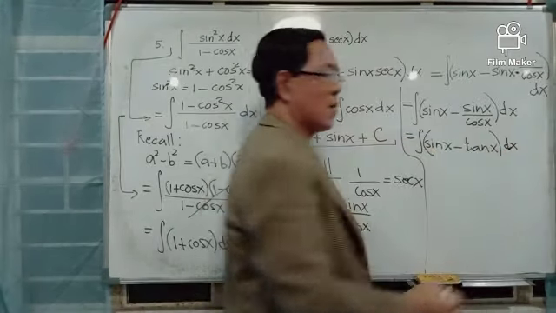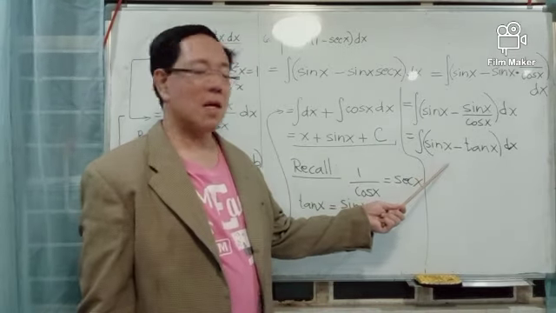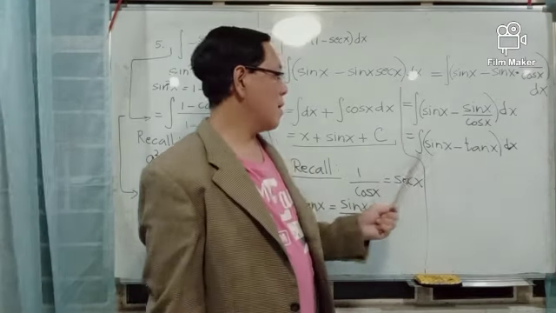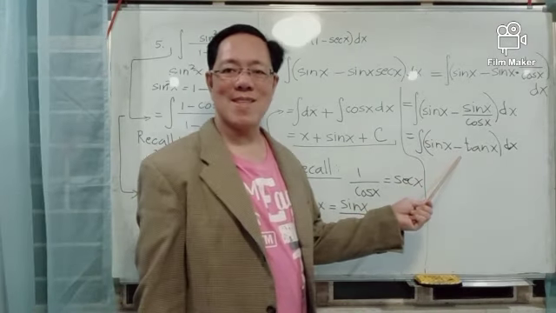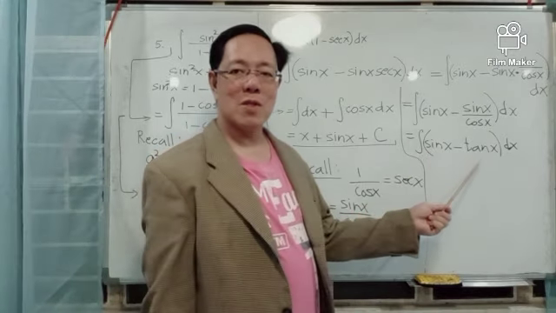with respect to x. And now we apply the integration rule for the integral of the difference of two functions, that says the integral of the difference of two functions is equal to the difference of the integrals of the two functions.